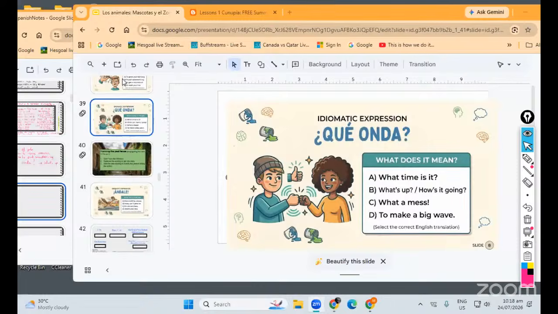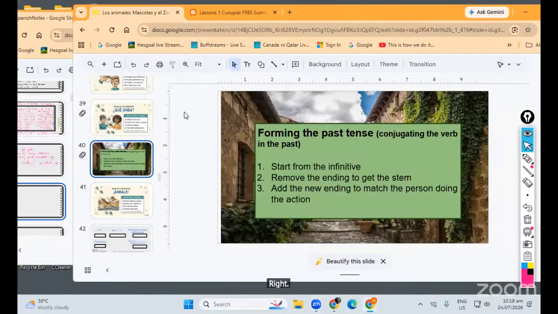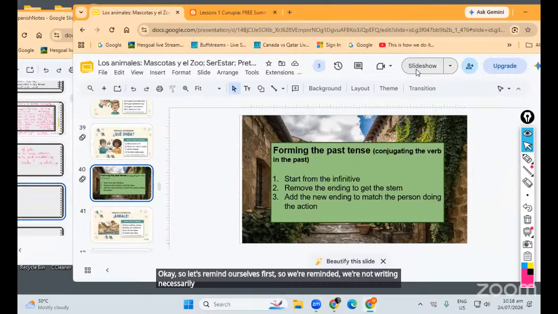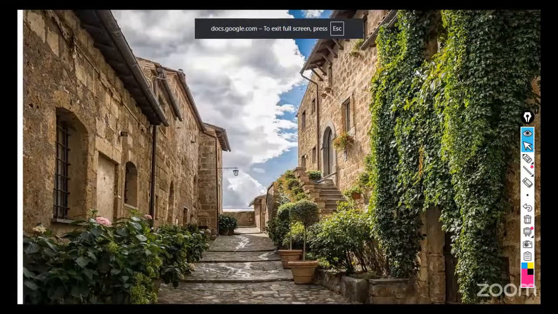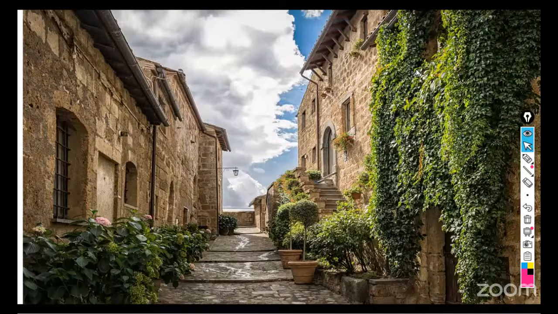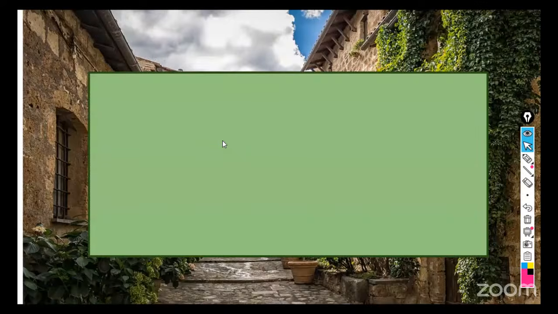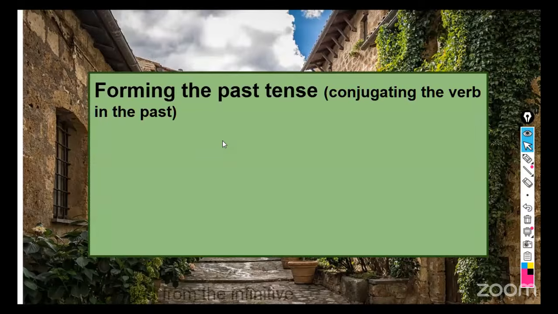Okay, so let's remind ourselves first. We're reminding, not writing necessarily. If you want to write, you could. Forming the past tense, right?